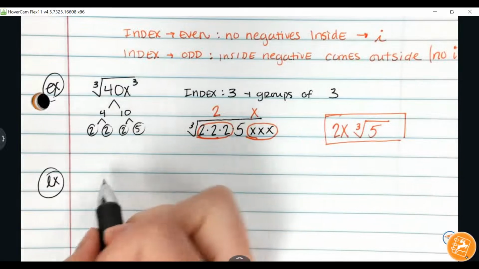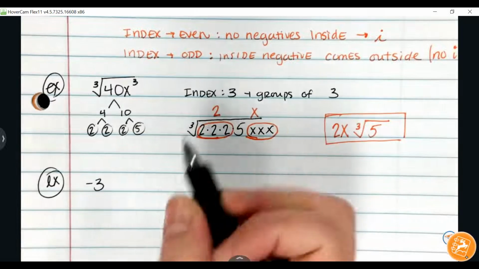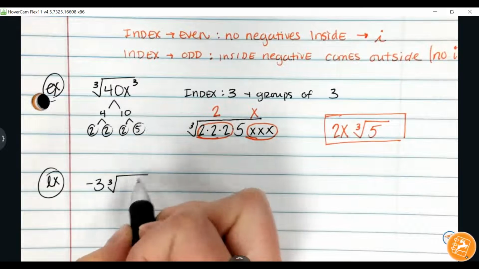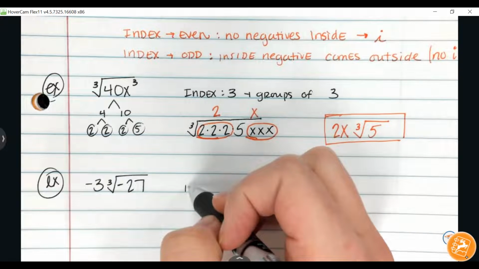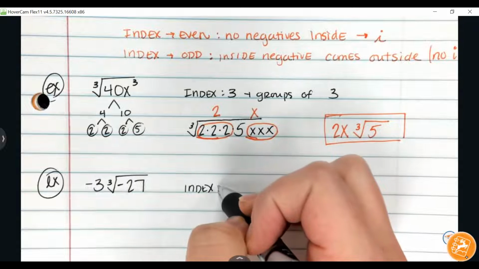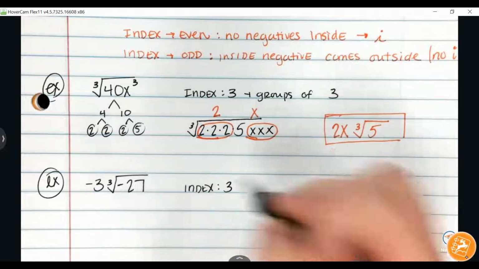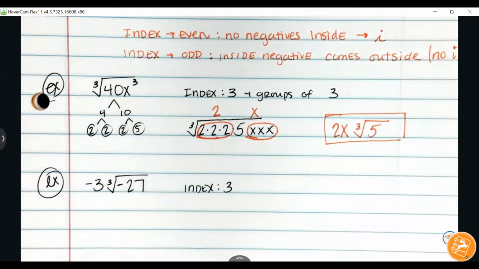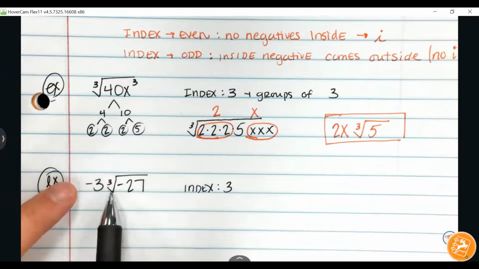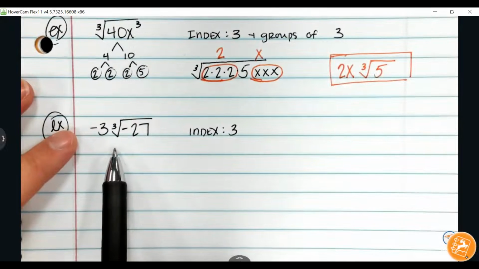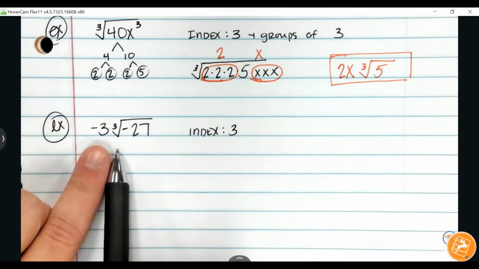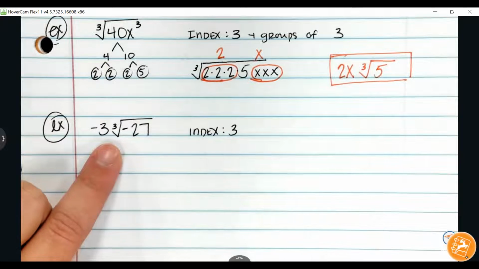So what if I give you -3, the cube root of -27? So first thing, let's determine our index. What is our index? A 3. That means I need groups of 3. Now, since my index is odd, am I going to have the letter i? No, okay? Because my index is odd.